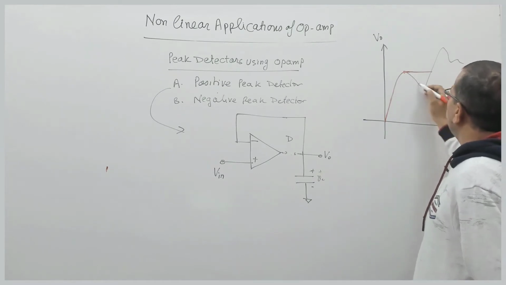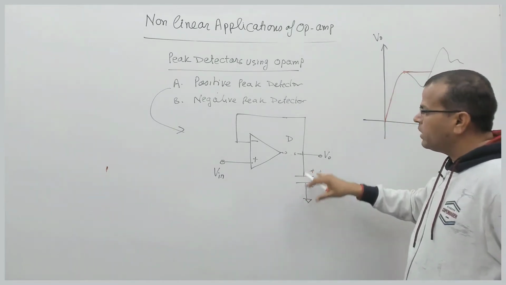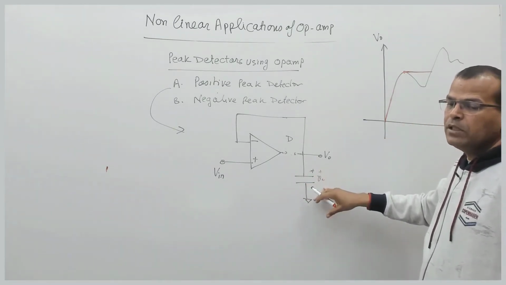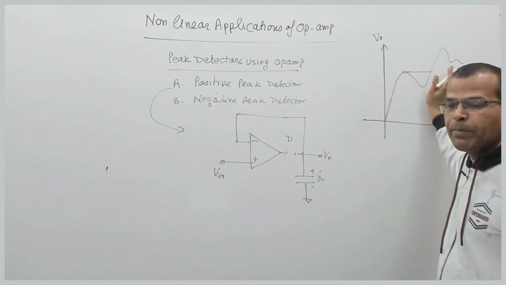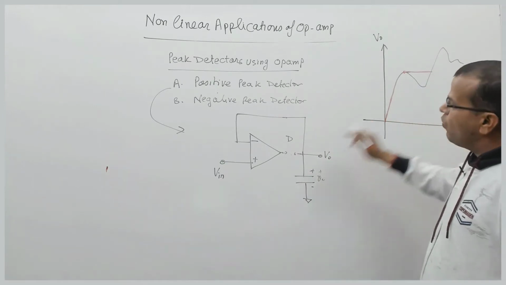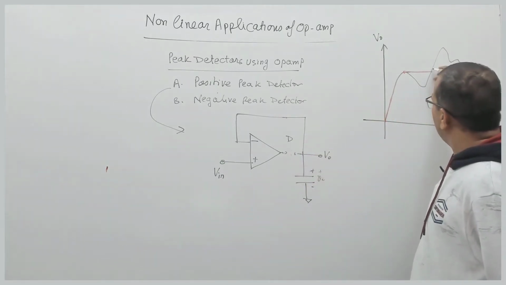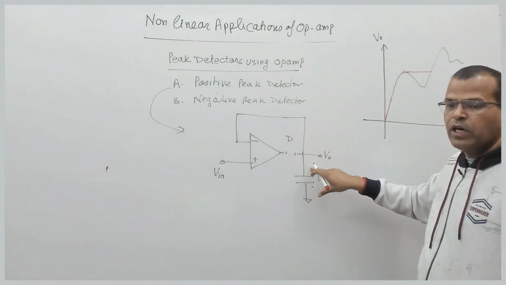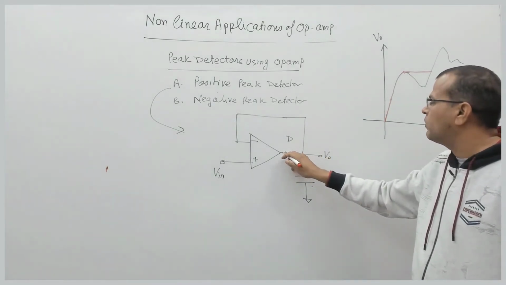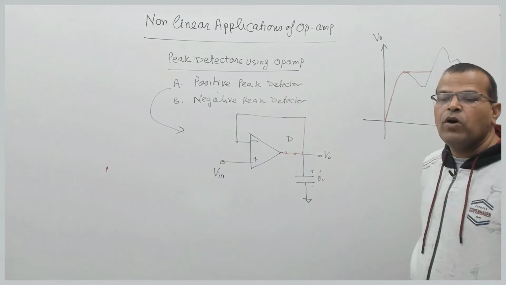Now, till the input voltage remains less than the voltage across the capacitor, your output voltage will be the same as the voltage across the capacitor. When the input voltage again becomes more than the last voltage of the capacitor, the diode will be on.